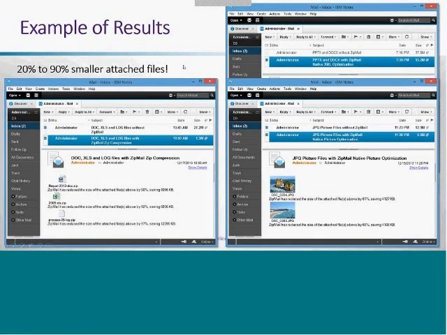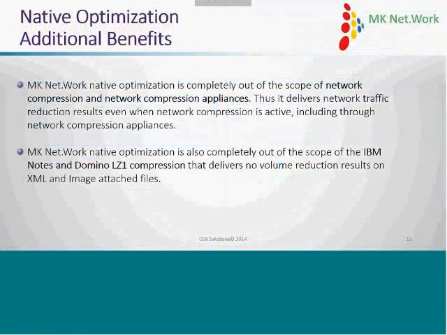So, a couple of key points. Native optimization is absolutely out of the scope of any network compression appliance. Network compression appliances apply zip-like compression to the files, at best injected in the network pipe.